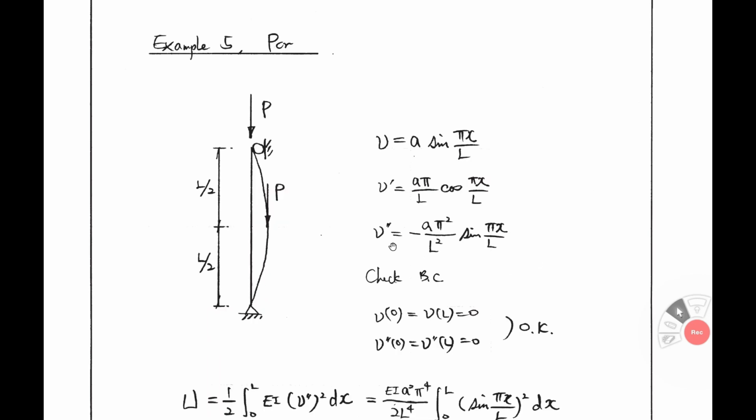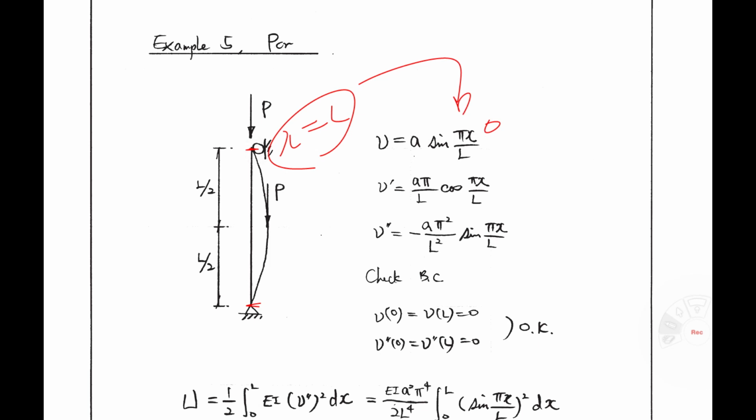Check the boundary condition first, right? At the boundary, displacement at the bottom equals 0. So if we input here x equals 0, sine 0, then v(0) is 0, right? And then how about at the top, x equals L? If we input here, then sine π equals 0 again.